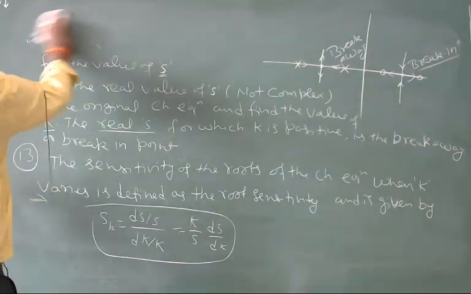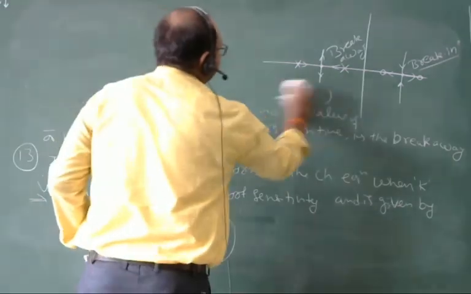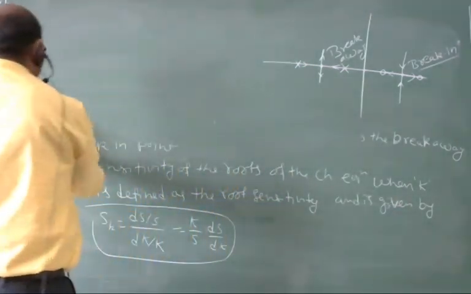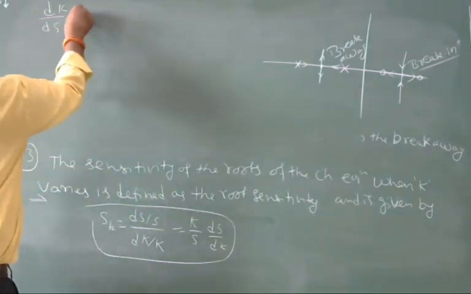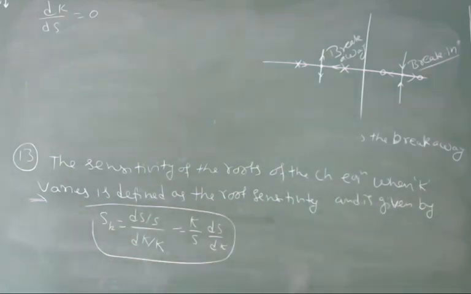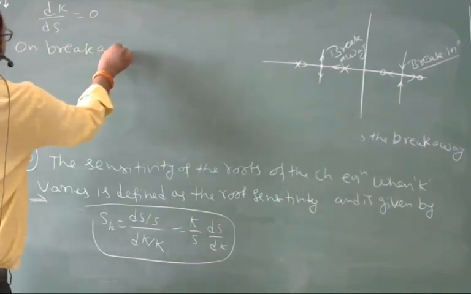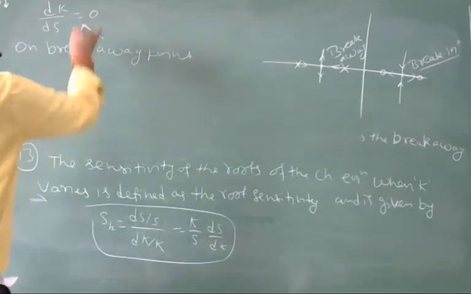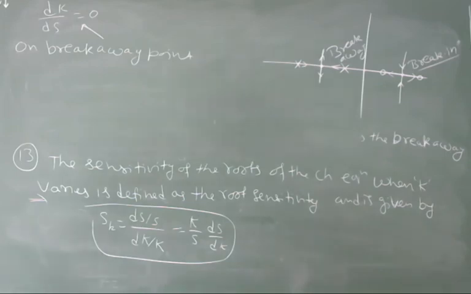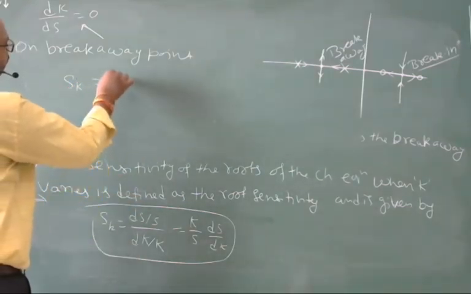Since for breakaway points we calculate dK/ds equal to 0, it means at the breakaway point dK/ds is equal to 0, and then S_K will be equal to infinity.